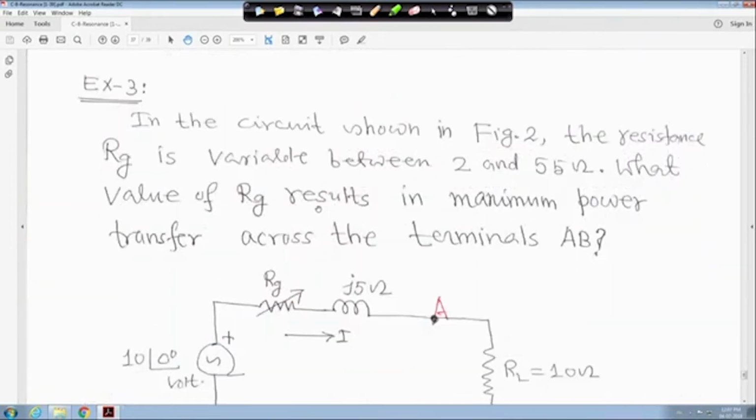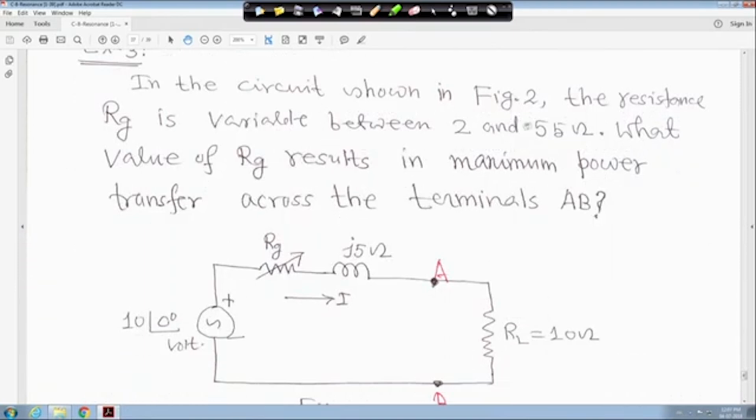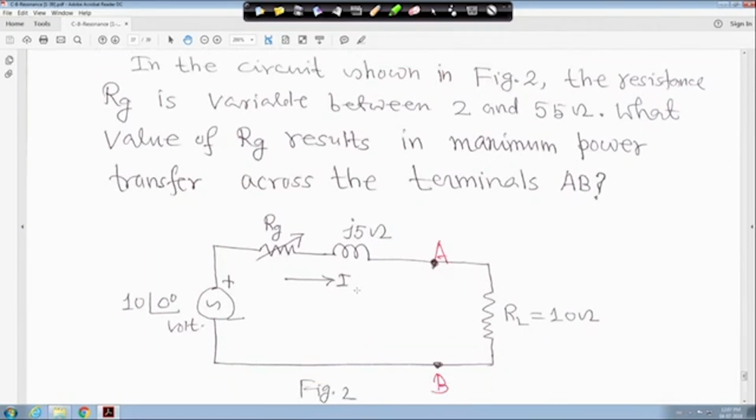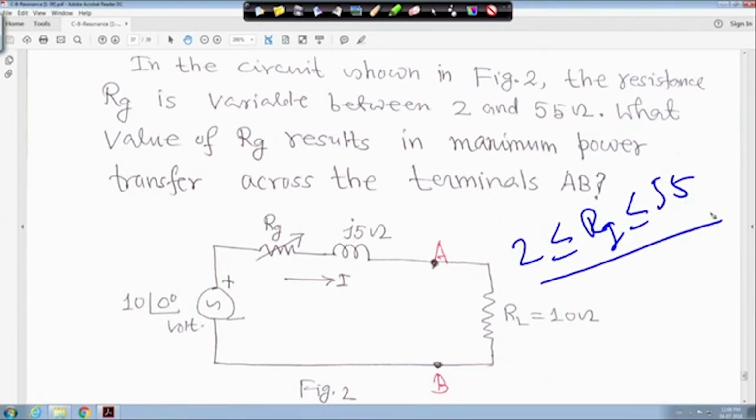So now another problem is in the circuit shown in figure 2, right? The resistance Rg is variable. That means this resistance Rg lies between 2 and 55 ohm, right?